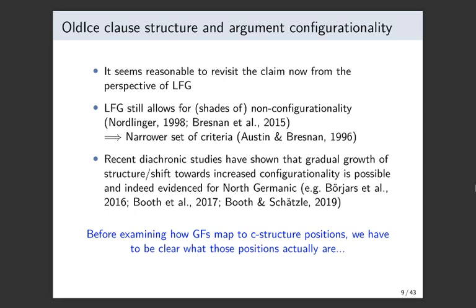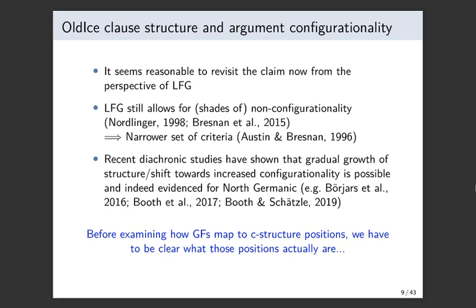And that's been claimed by Boyas et al. for the noun phrase in North Germanic, and by myself and colleagues for the clause in North Germanic. So some good reasons, I think, to revisit this claim now.